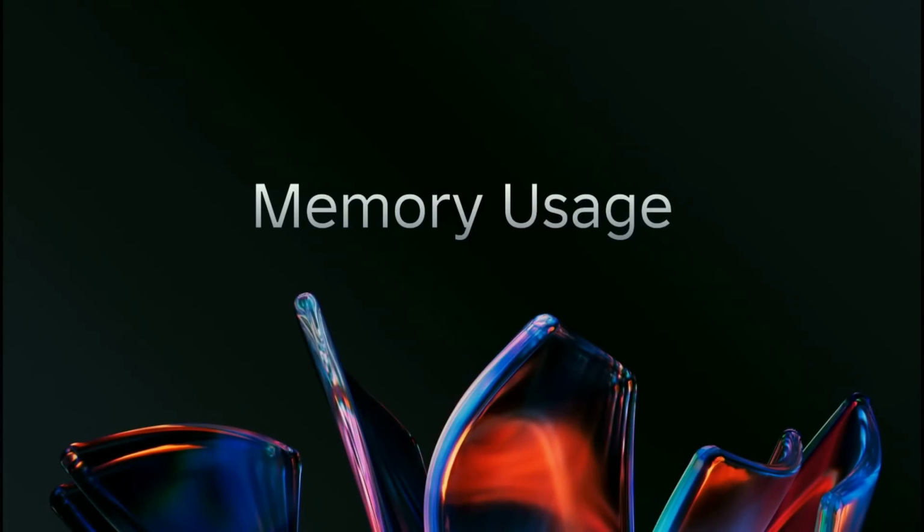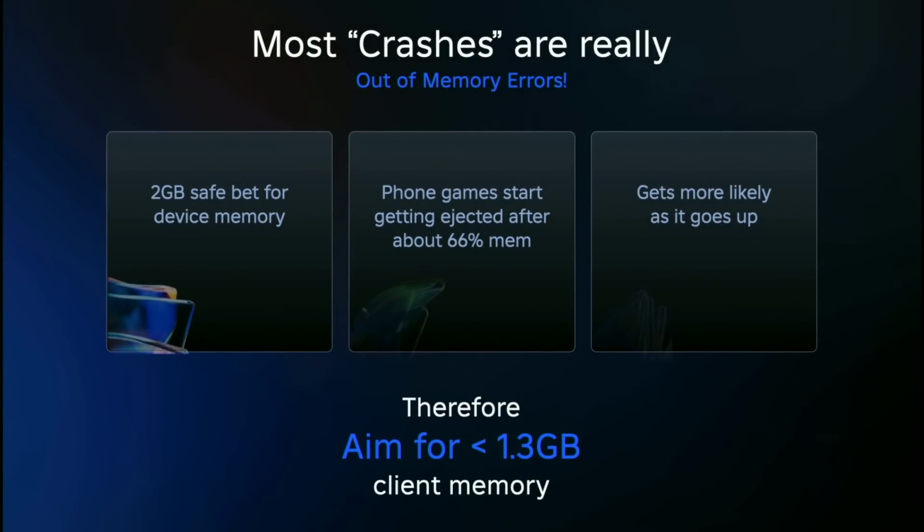Now, on to the next bit, which is memory usage. So this is an important one. If you've ever looked at your device analytics and you see a lot of crashes on phone, what crashes are most of the time in Roblox is really out-of-memory errors.